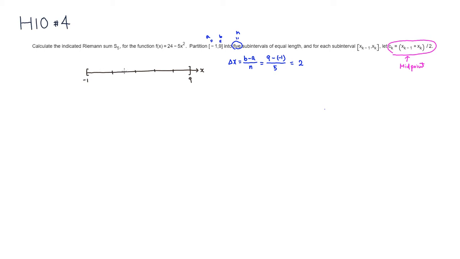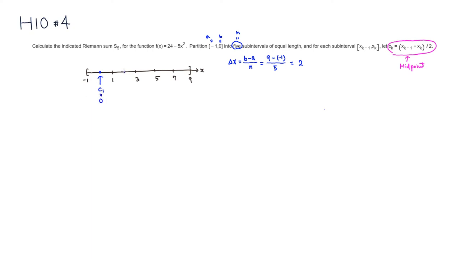Since delta x is 2, it's going to be 1 here, 3 here, and 5 here, and 7 there. But the midpoint is what we're looking for. For C1, for example, this is going to be the midpoint, which is equal to 0.